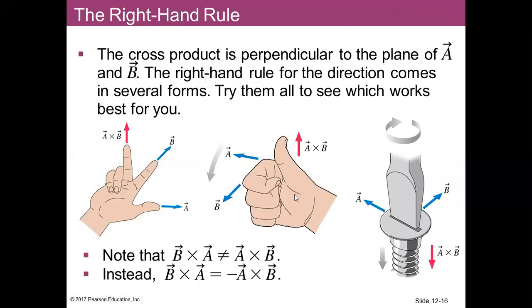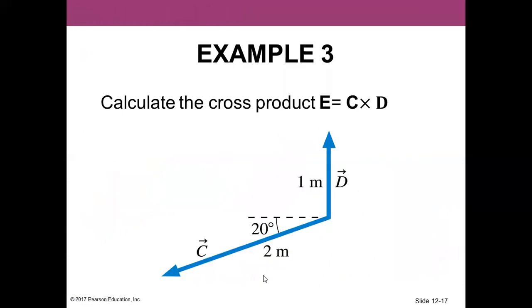So let's note that the cross product of B and A is different from A cross B. And B cross A is actually negative A cross B.